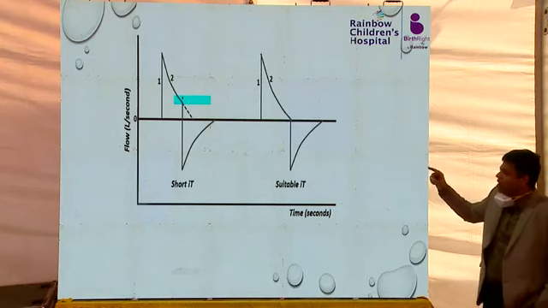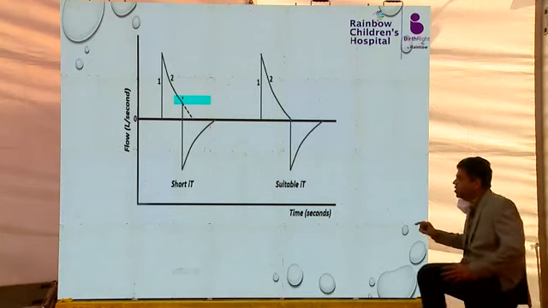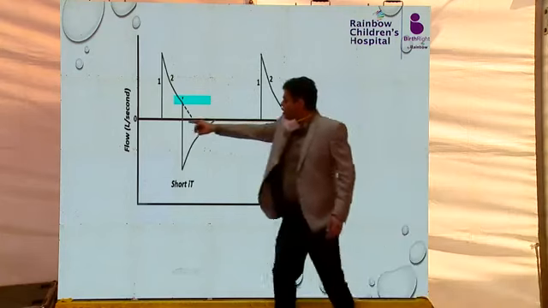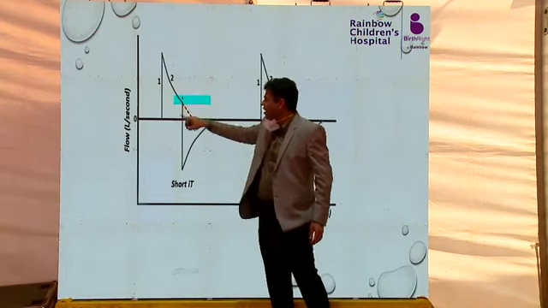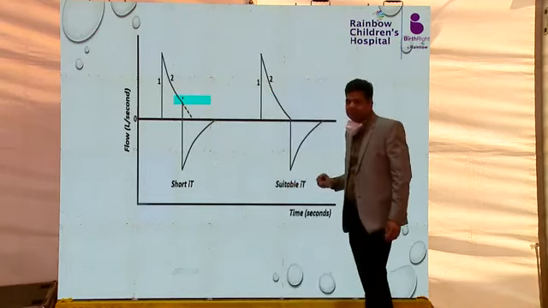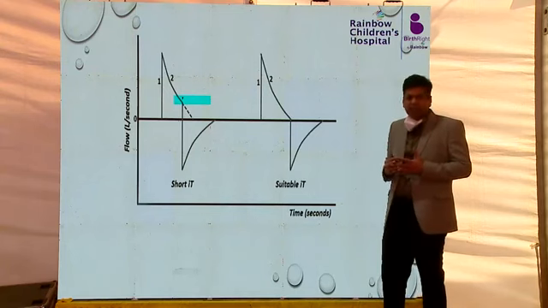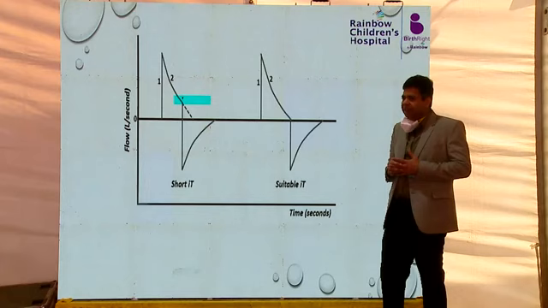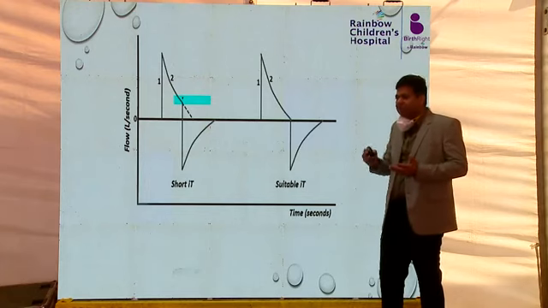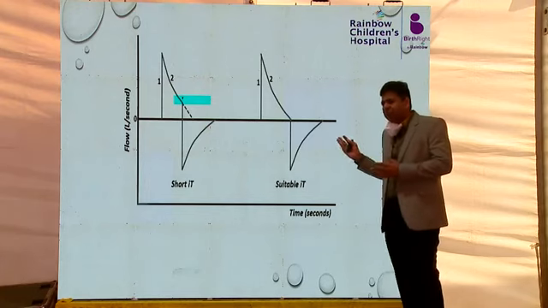So sometimes you can have an inspiratory time in which, before your inspiration is ending, your expiration is starting. What is the fault of a short TI? Anybody? Suppose your baby's TI is 0.3 seconds.